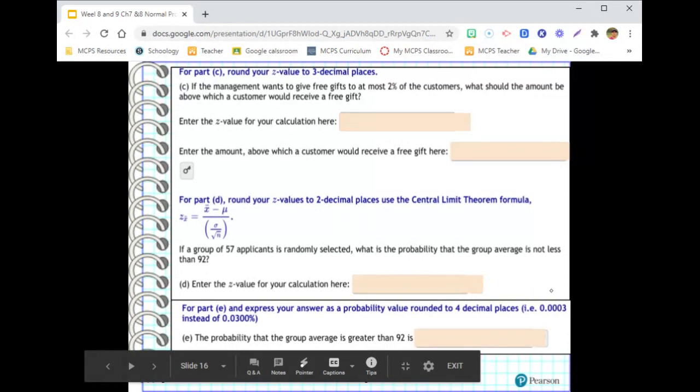And then since this is greater than, right? So you have to get the complement. I think I should write that down. This is letter E. Write it down so that you can use it in your notes. What we did is first we used the formula for the z-score.